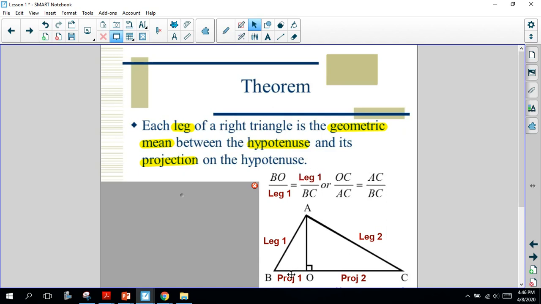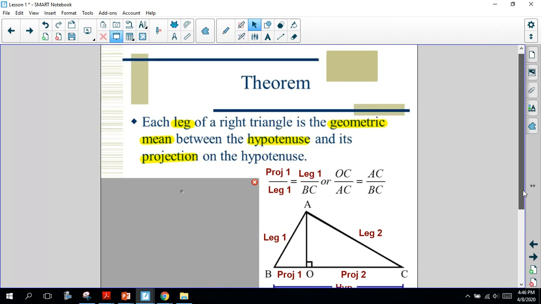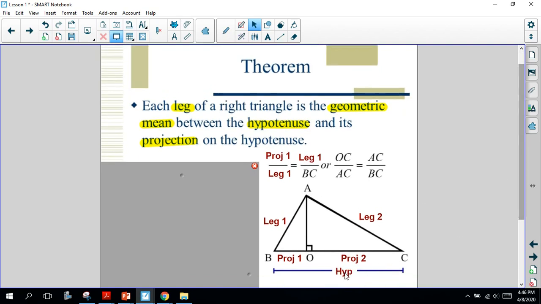The leg is a geometric mean between its projection and the hypotenuse. And also, the other leg is a geometric mean between its projection and the hypotenuse. So when I'm remembering these, I remember that in my mind.